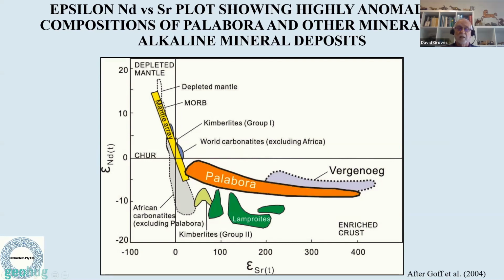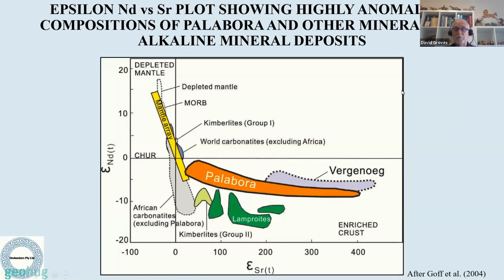There's an epsilon neodymium, epsilon strontium diagram there. You can see that world carbonatites, African carbonatites always form an almost vertical array there, that mantle array, but Palabora sits out on the side and has unusual strontium isotopes. You can see lamproites, which I'll briefly mention, have a similar trend.